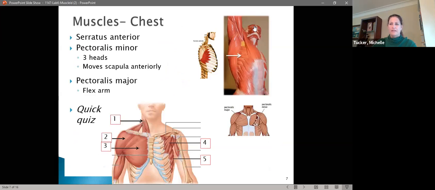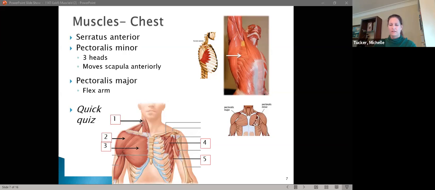Now we're getting to the muscles of the chest, and we'll start at the front, and we'll start very superficial. So this large muscle at the front, on the anterior, on the superficial side, is pectoralis major. You can kind of see how it inserts in the underarm here.